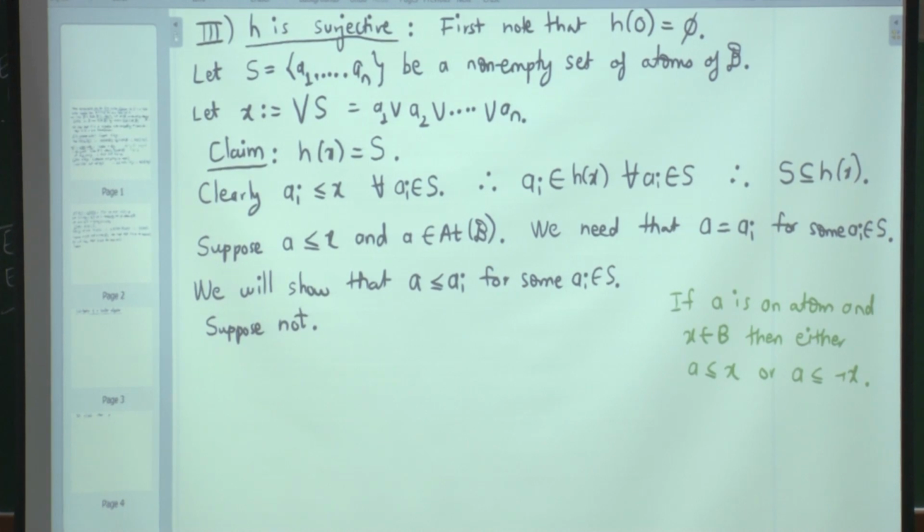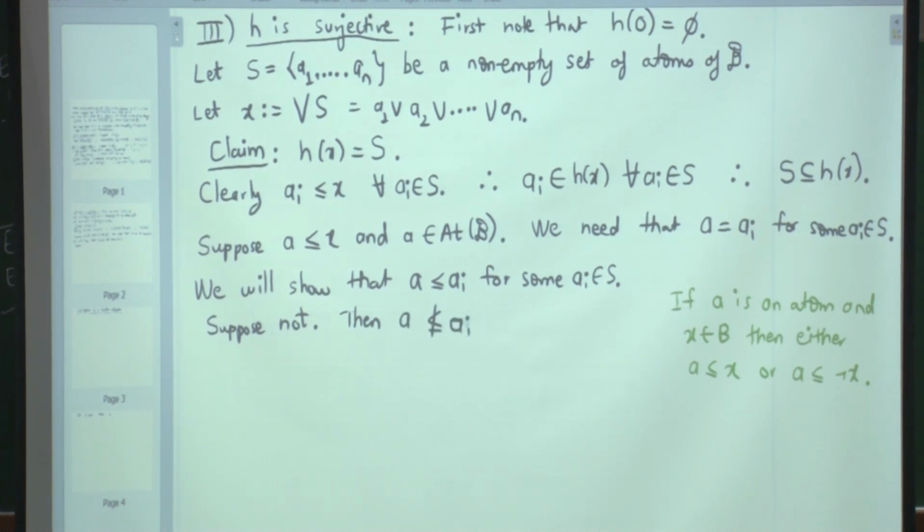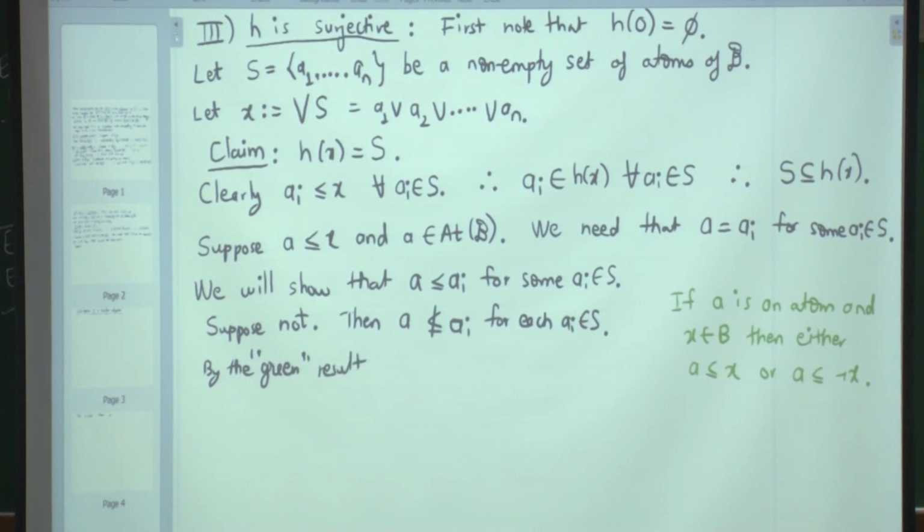Yes, we mentioned this result last time. So then A is not less equal Ai for each Ai in S. By the green result, in exam please don't write green result, what do we conclude?